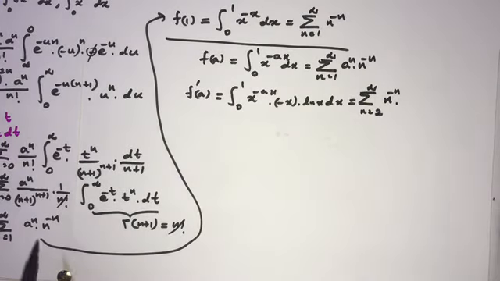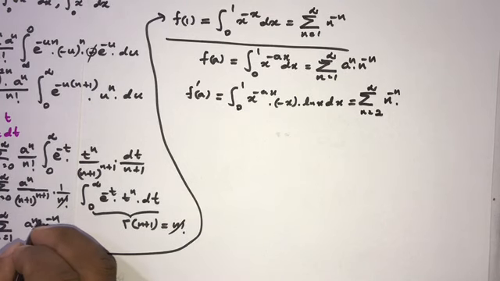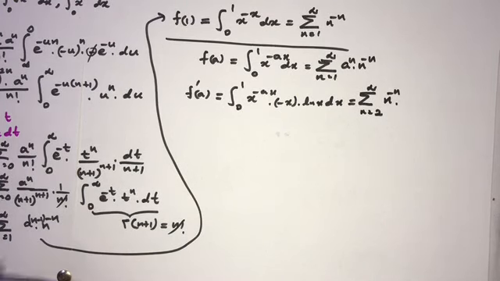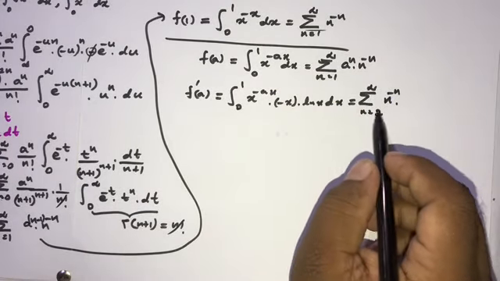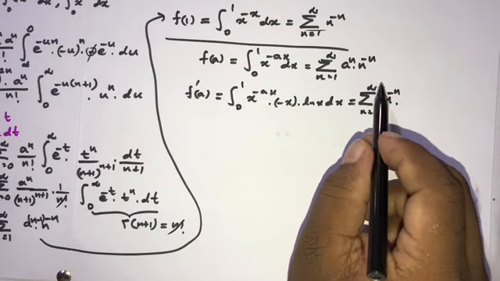Here f of a is equal to when n is equal to 1 to infinity, we know n to the minus n, a to the n minus 1 power, then we can plug in 1 for a. So here we know this is correct, and here now n is equal to infinity.